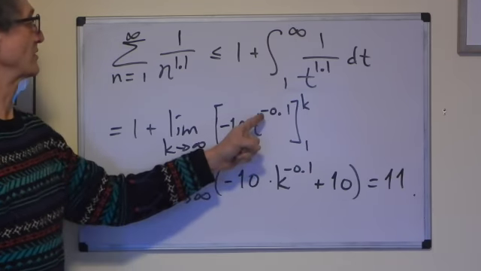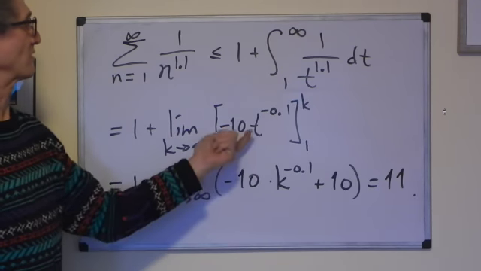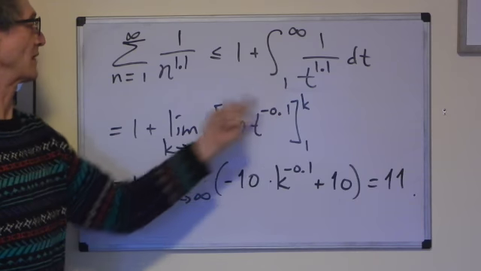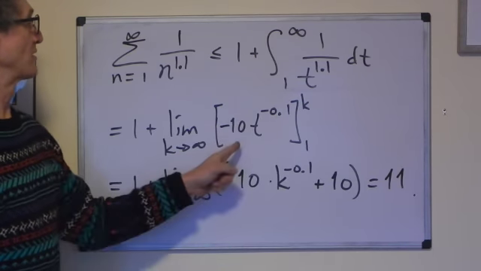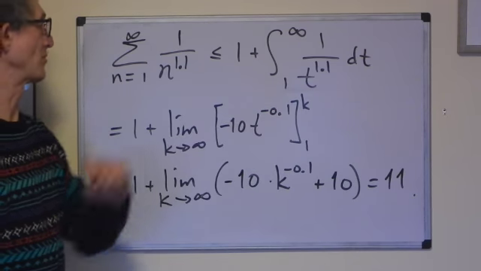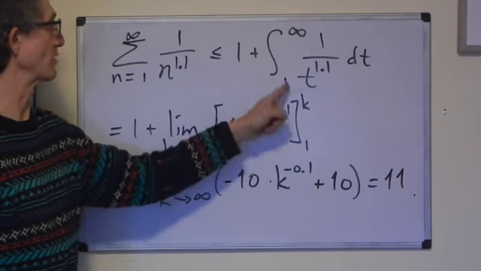So its antiderivative is t to the minus 0.1. I need a minus 10 so that when I differentiate this, minus 1/10 times minus 10 is 1. And the upper endpoint I'm going to call k, which goes to infinity, and the lower endpoint is 1.